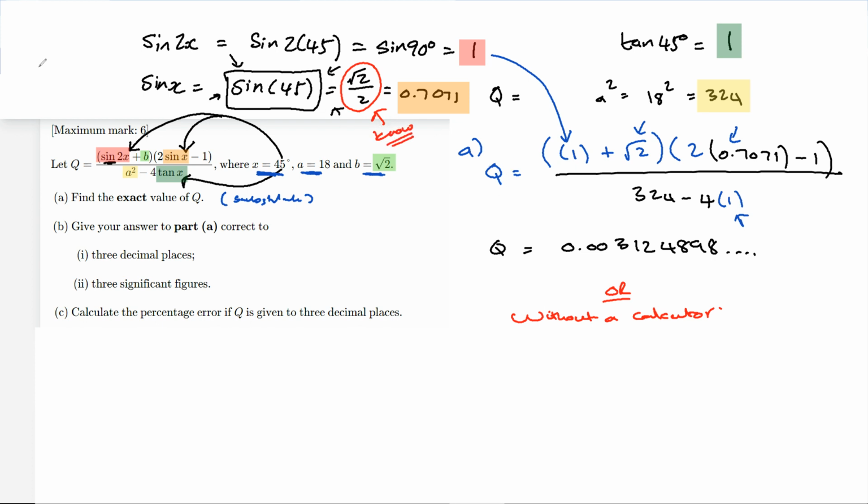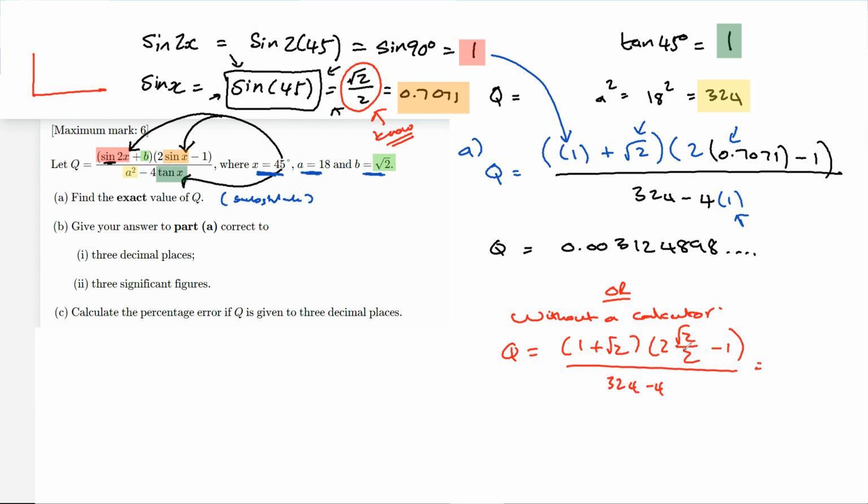And this is part of a section called special angles. So from here, I'm going to put all of that in here. It's going to become 1 plus root 2, then 2 root 2 over 2 minus 1, all divided by 324 minus 4.